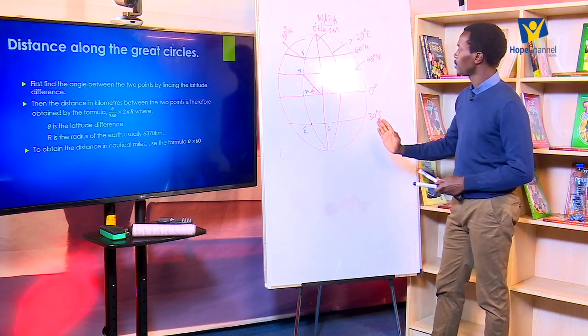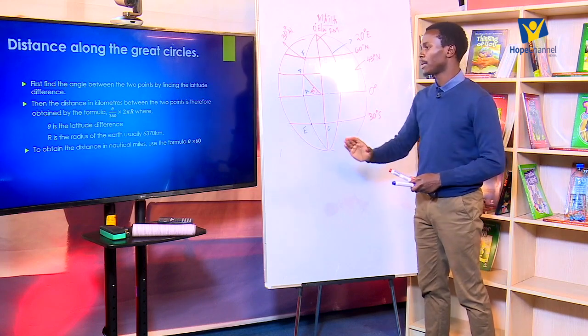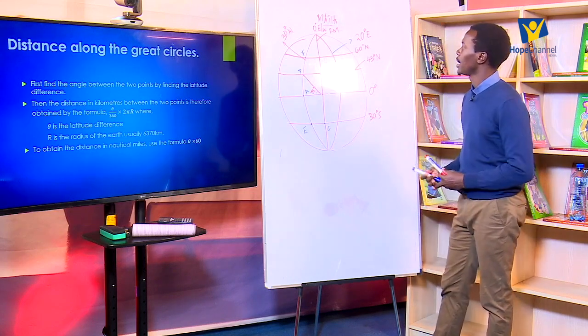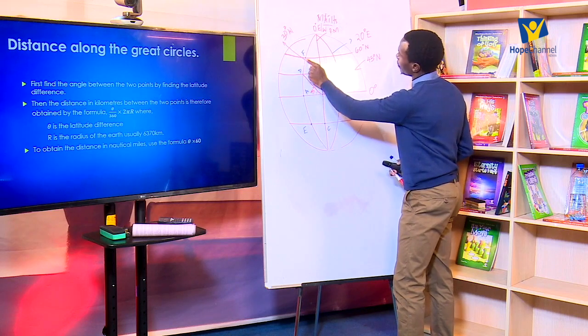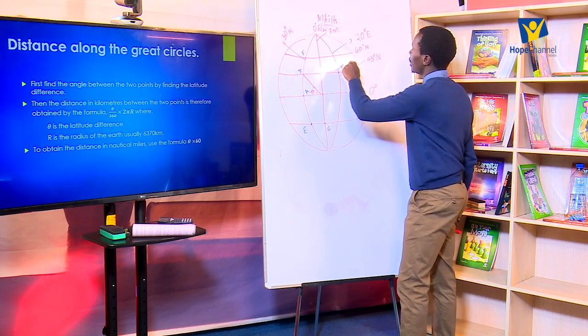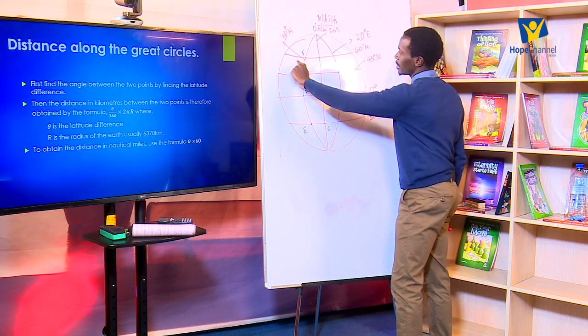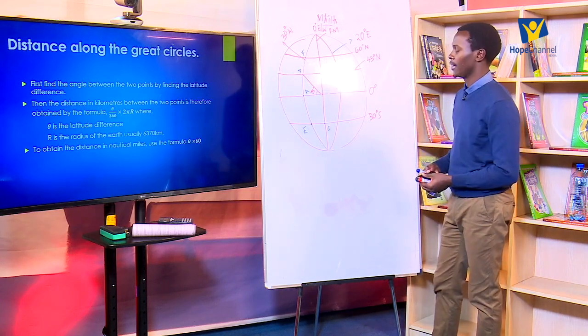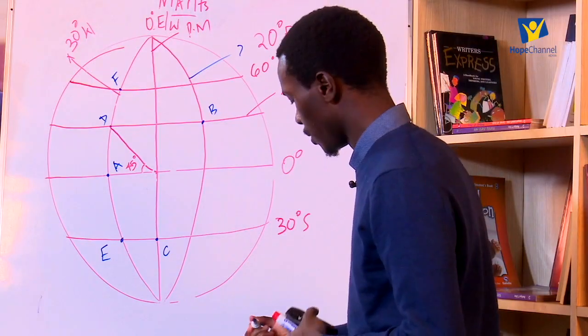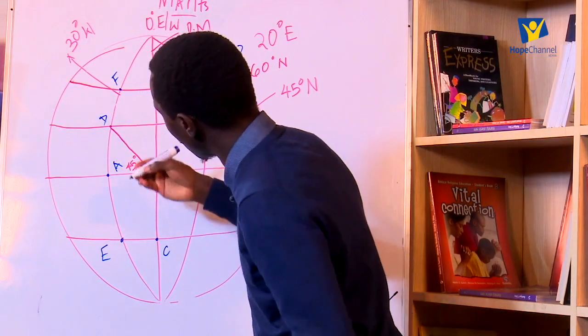And for the longitudes, it is 180 degrees to the west and 180 degrees to the east. Now, if we have this F here, at 60 degrees north, 30 degrees west, we can get the distance between D and F. Always know that that will be like an arc.